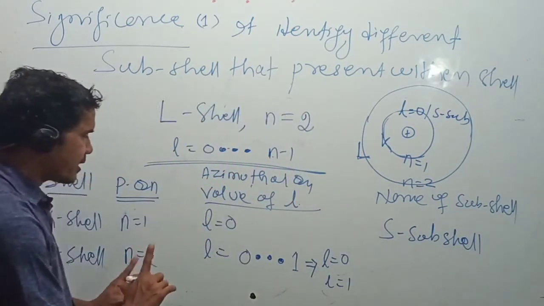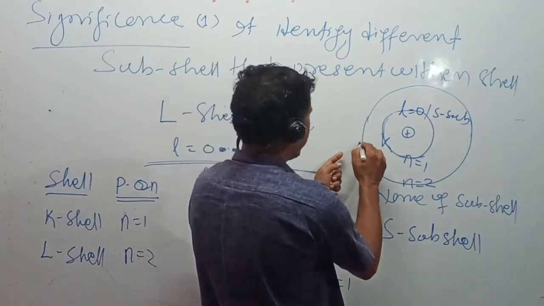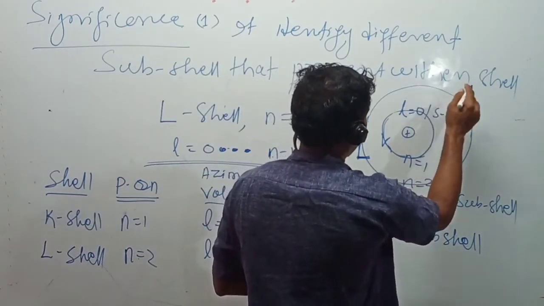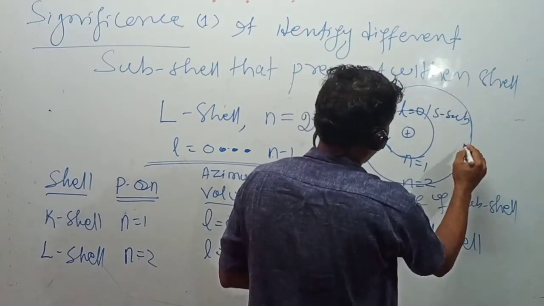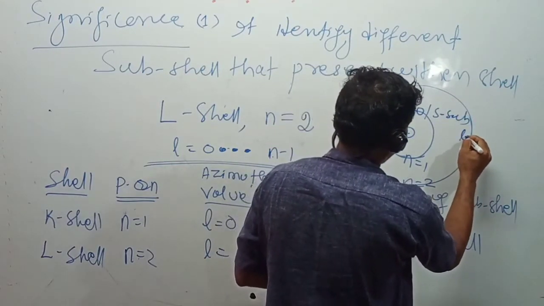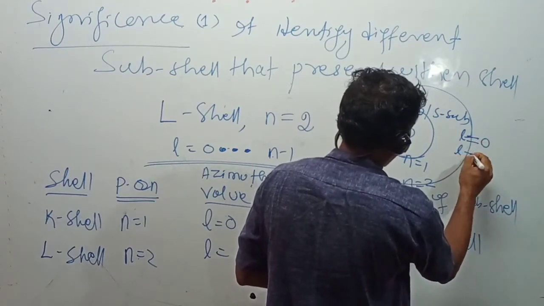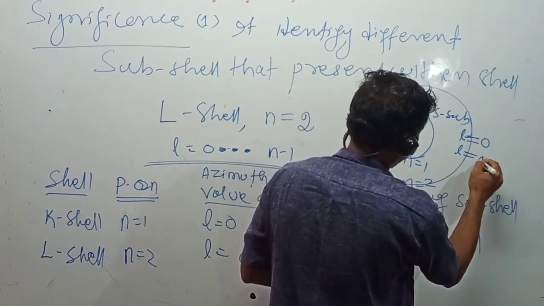That means the L shell has 2 subshells. One subshell name is l equal to 0, and another subshell code address is l equal to 1.